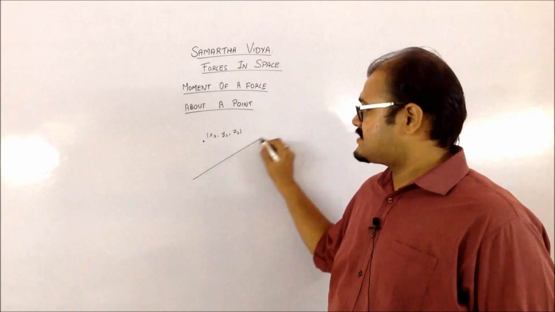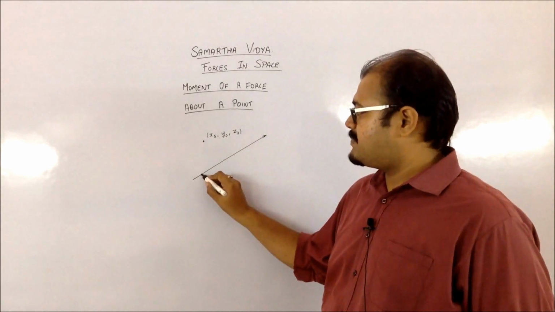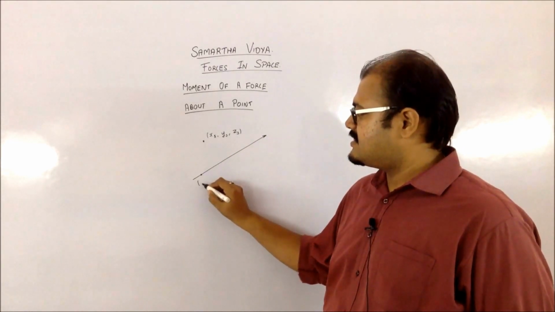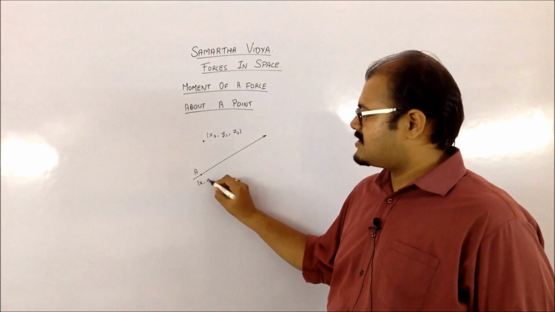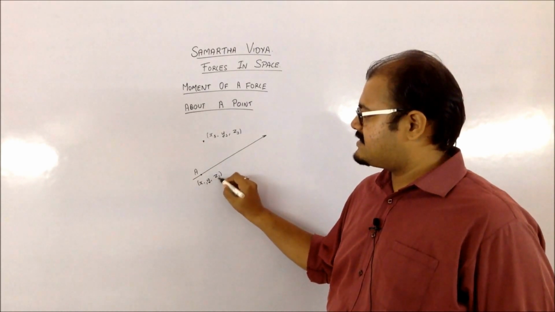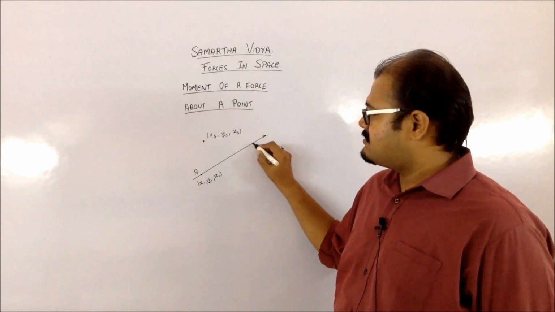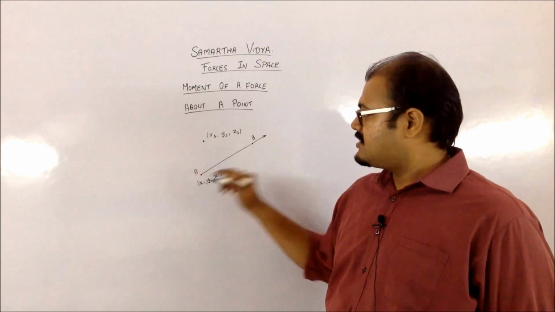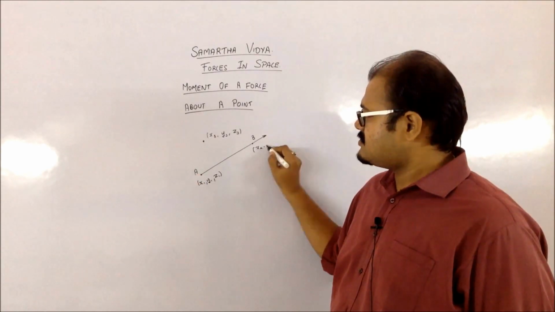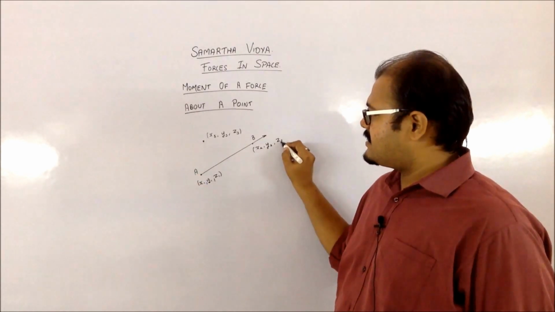Now, if we consider some force F which is passing through a point, let us say this is my point A, which has the coordinates x1, y1 and z1, and the other point which it is passing through is x2, y2 and z2.